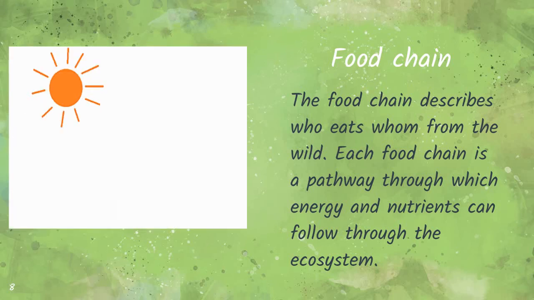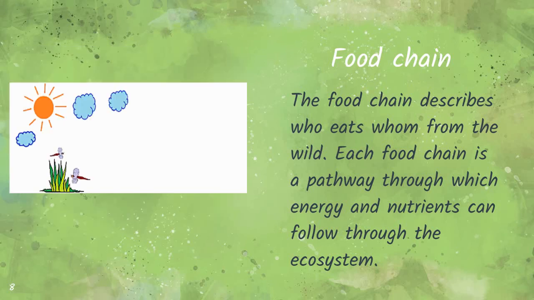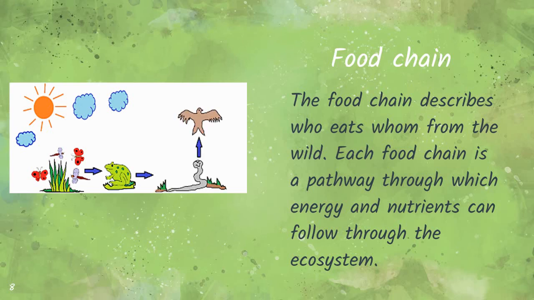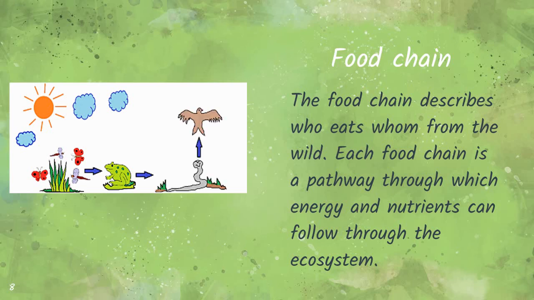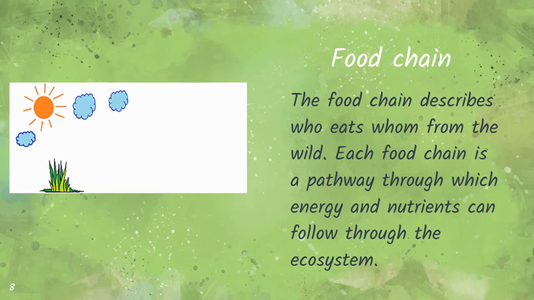For example, as you can see in this image, the sun transfers its energy to the plants, and that same energy is absorbed by the insects like the dragonflies and the butterflies. Then those insects are eaten or consumed by the frog.